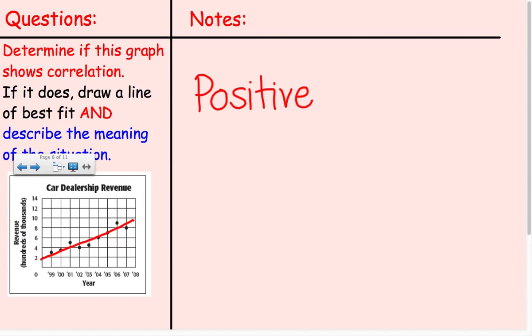So let's pick 2 coordinate points. So in 99, their revenue was about 300,000, and in 2007, their revenue was about 800,000. So that means as the year goes by, they went from 300,000 to 800,000, so their revenue is increasing.